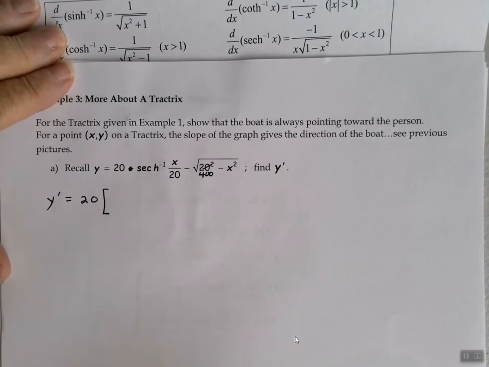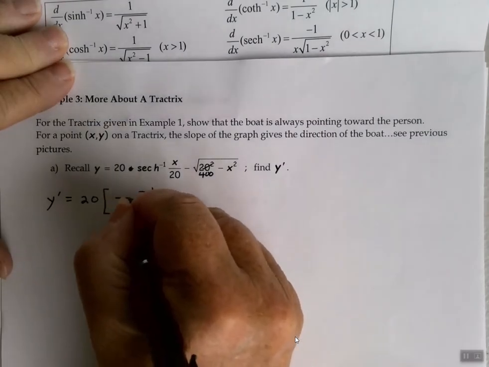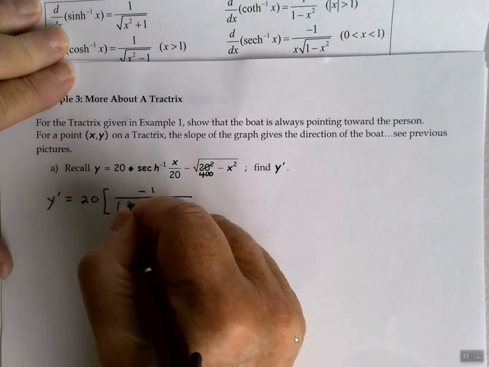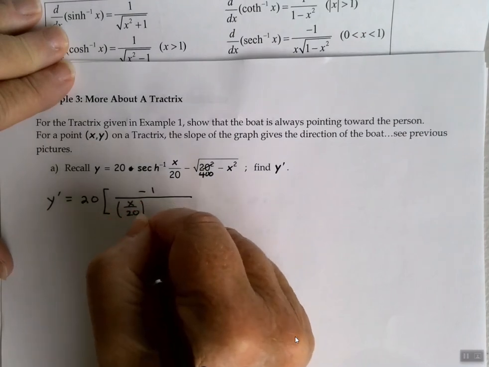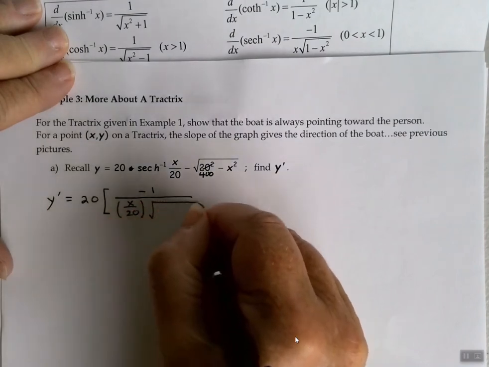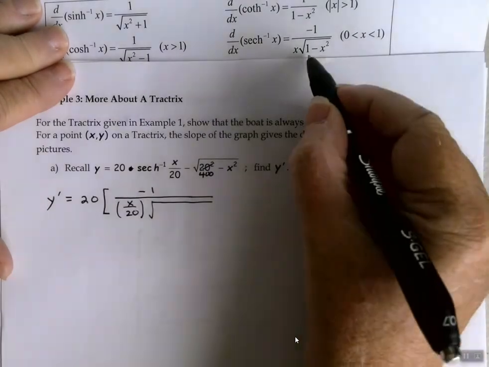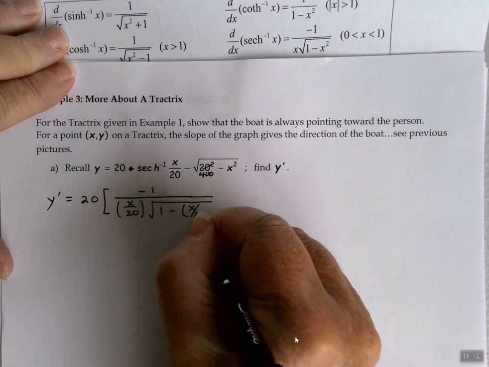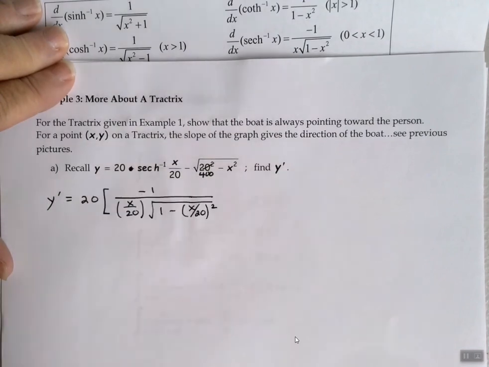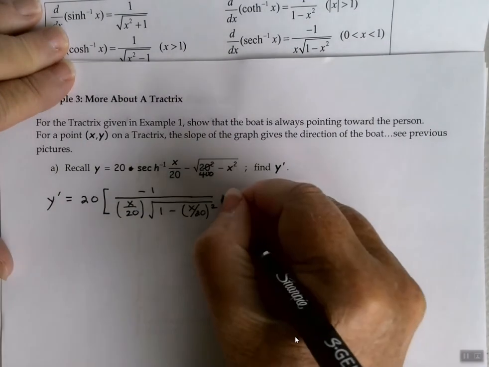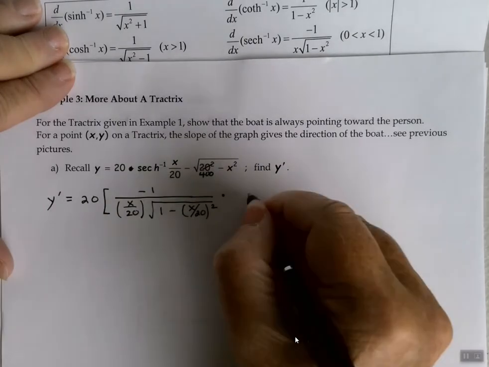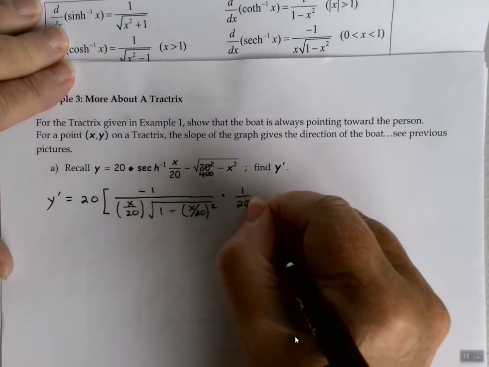Let's see, I have -1 over, this is x, but in my case that would actually be x over 20, times the square root of 1 minus x squared, again mine's really 1 minus x over 20 squared, times, chain rule would give me a times 1/20th here.